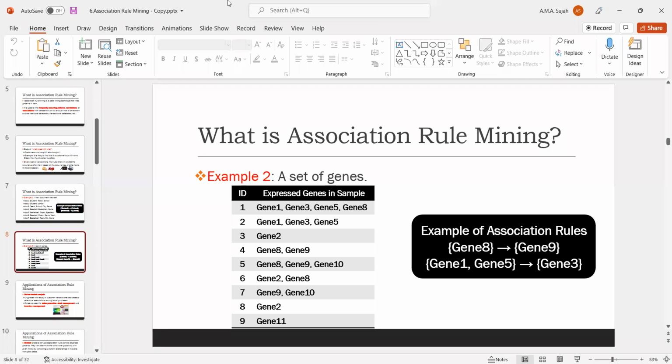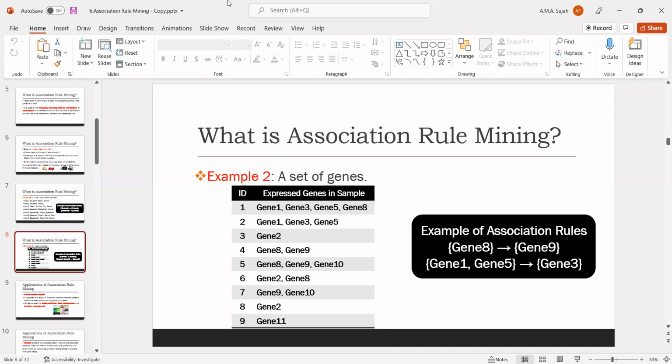What else? Both contain this pattern. So you can say that if a person affected by dengue contains gene 8, definitely that person has gene 9 also. That is one association rule.